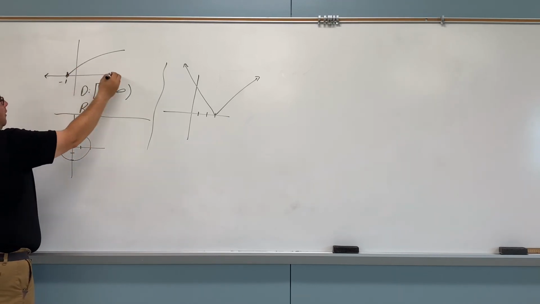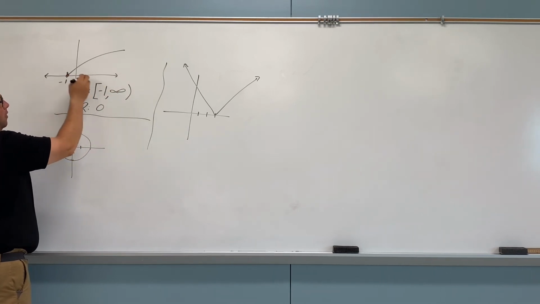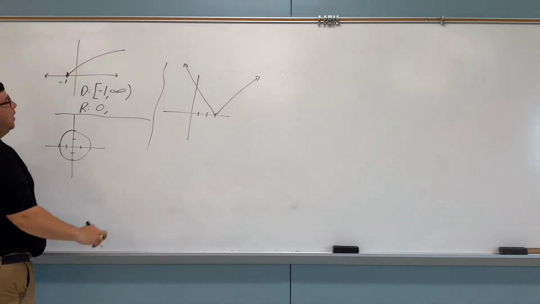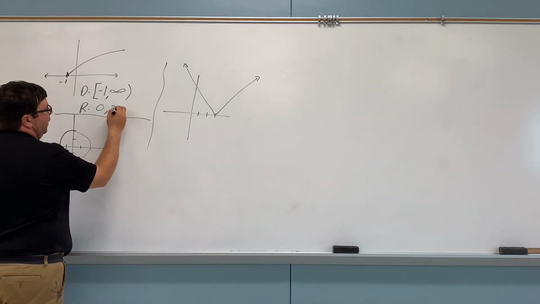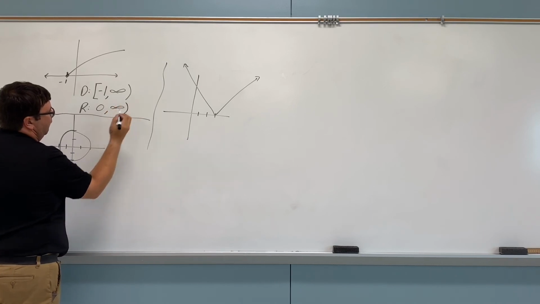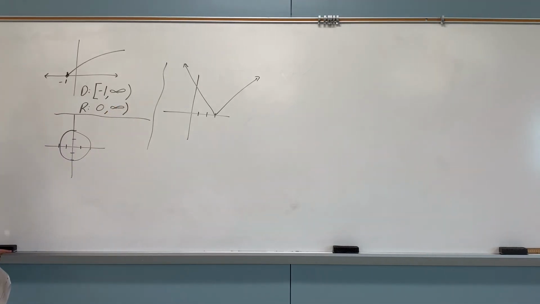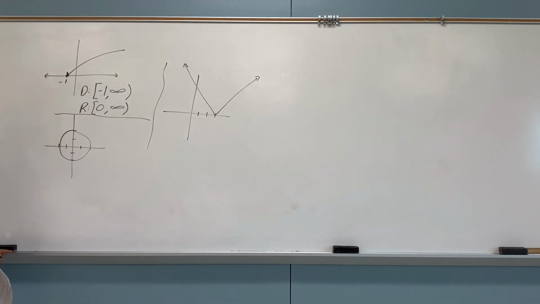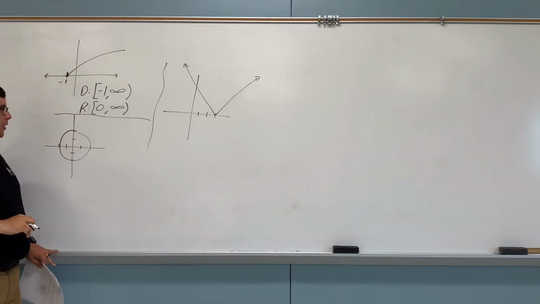So here's your axis, you're here, that means you have 0 as your lowest possible y point. Your highest would be infinity, and that's an infinity symbol. There you go. Now, can you include 0? Yes, you're sitting on the axis, you have a solid point. So that means you're including 0 to infinity for the range.